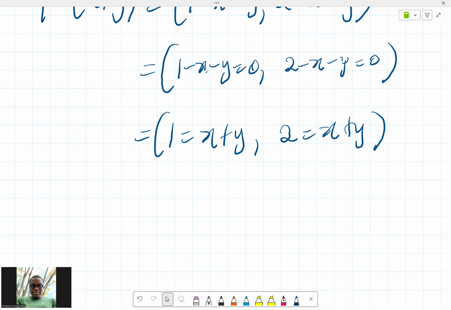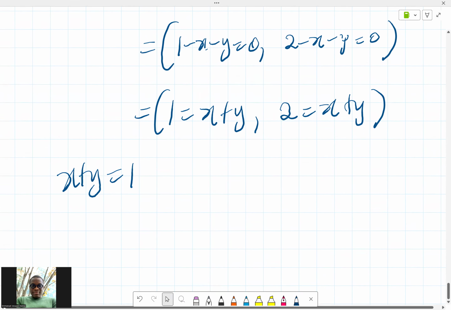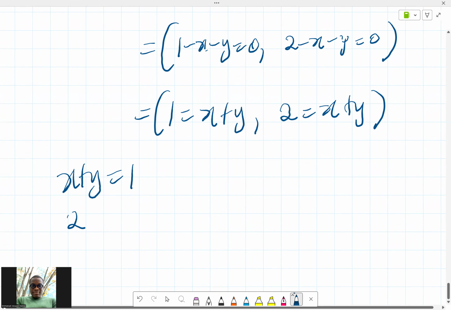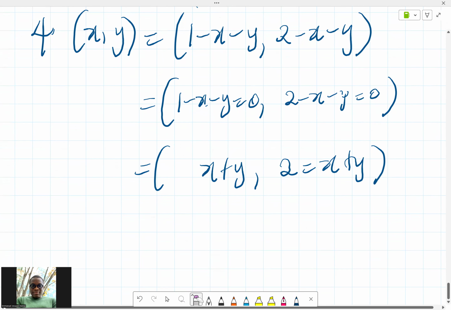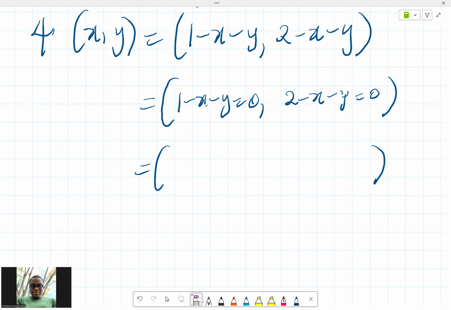By setting y equals 1 minus x and y equals 2 minus x, then we can equate them. Okay, let's see what happens.